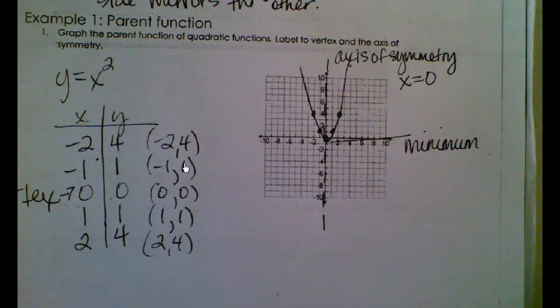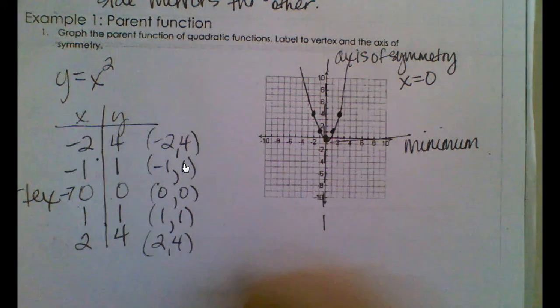And the axis of symmetry, this is why it's important. If you know where the middle of that parabola is, then it's a lot easier to graph, because then you can find the vertex. Once you find that, the rest is easy after that. Finding that vertex and that axis of symmetry is really important, okay?